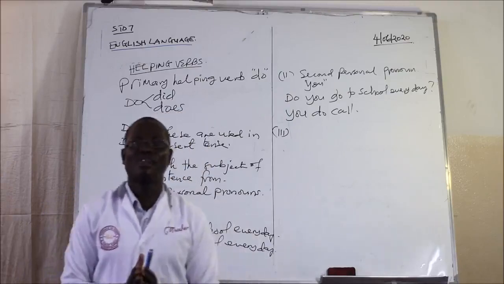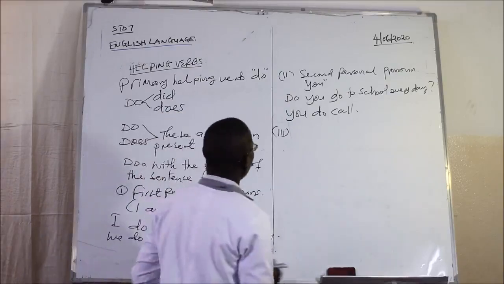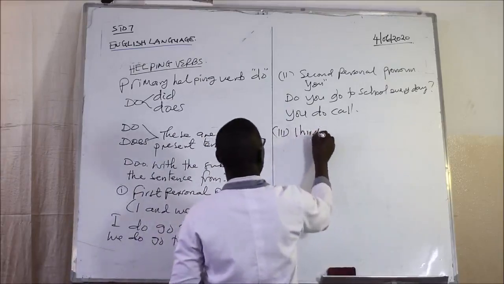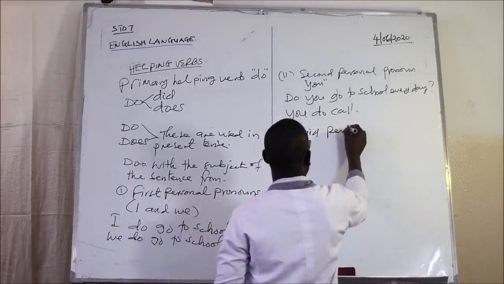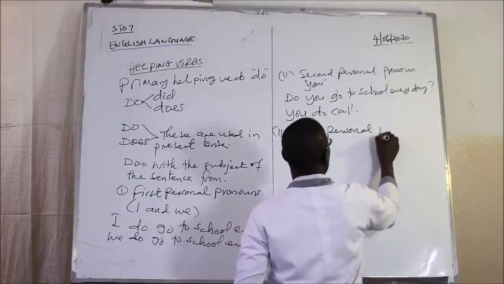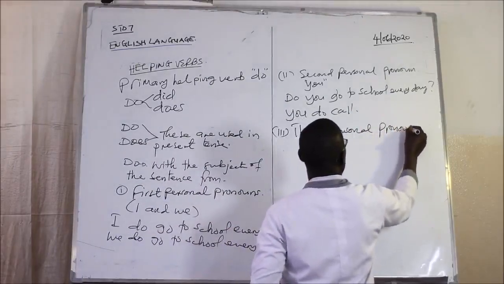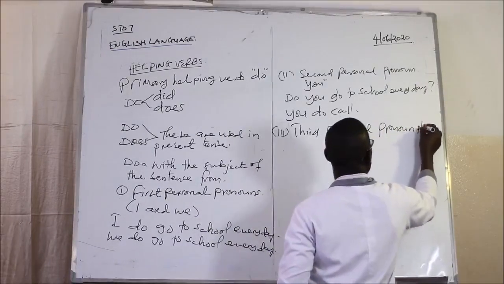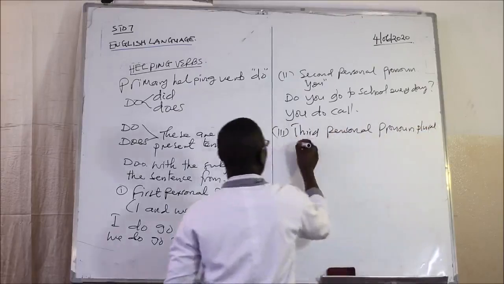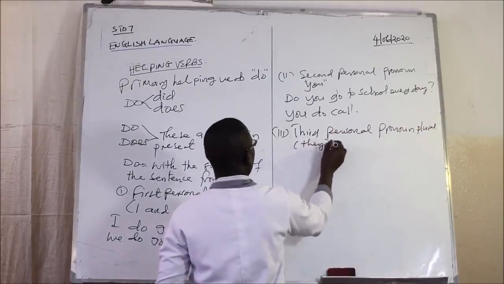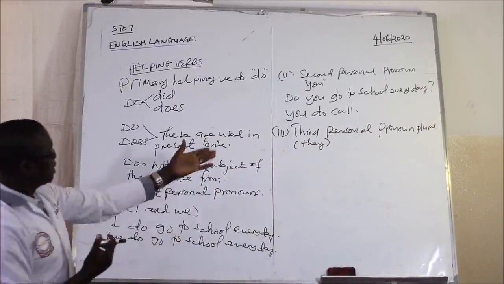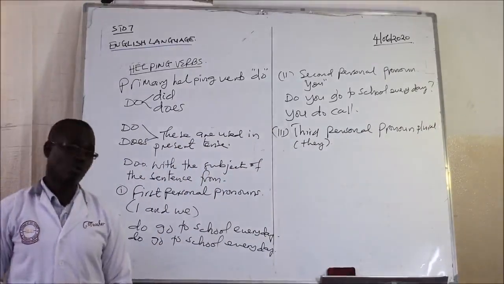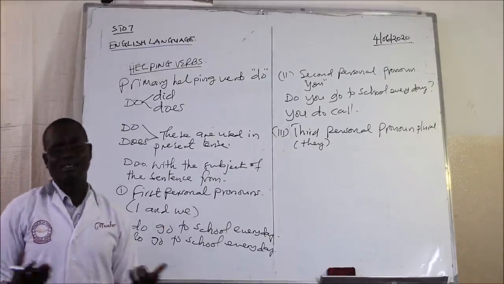Therefore we use helping verb do with the third personal pronoun plural, none other than they. Do you see? We are using helping verb do with the third personal pronoun plural.